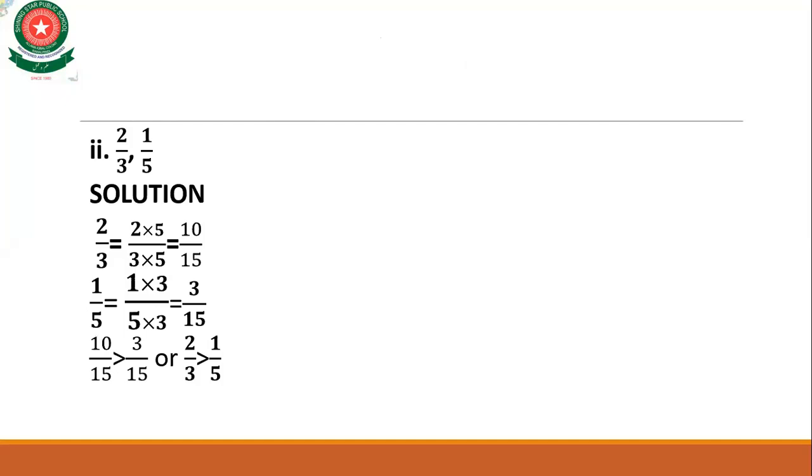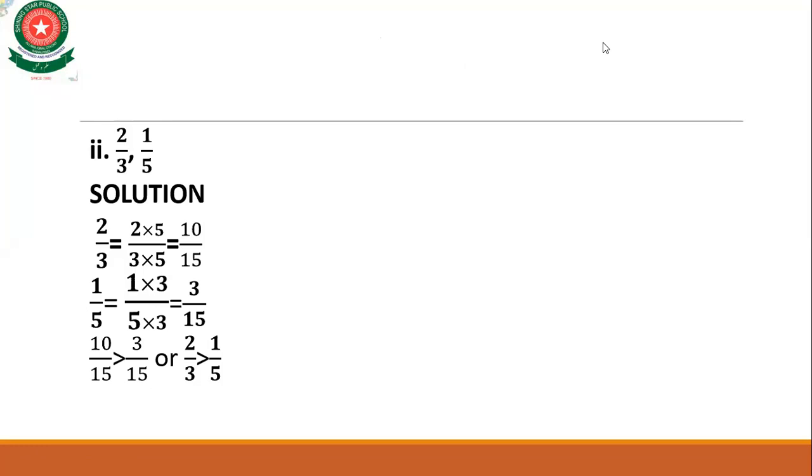Now part number 2. 2 by 3 and 1 by 5. Solution: first of all, we have to take the LCM of 3 and 5, and our answer will be 15.